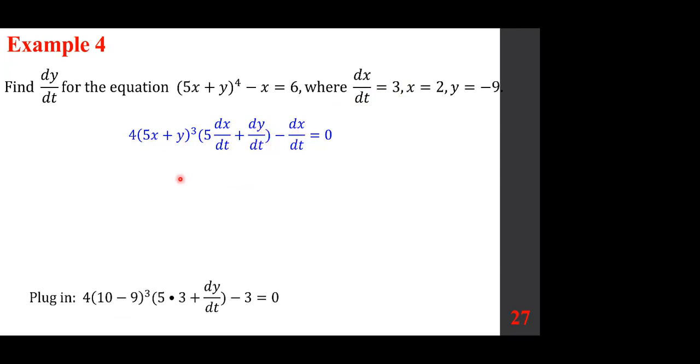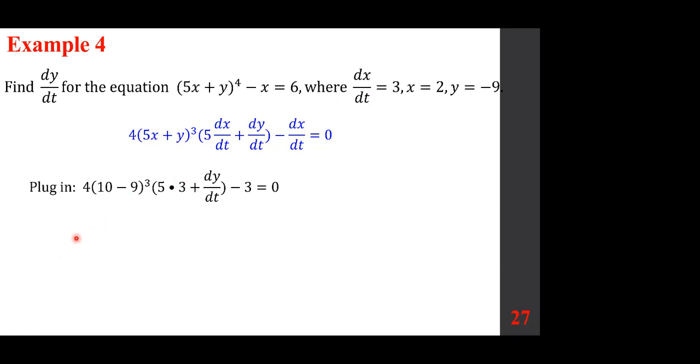So what happens is very simple. 5 times 2, that's how we get to the 10, okay? And then we add -9, okay?